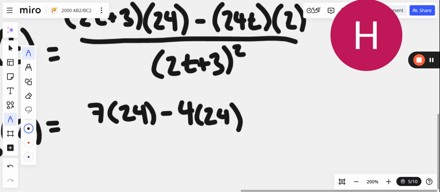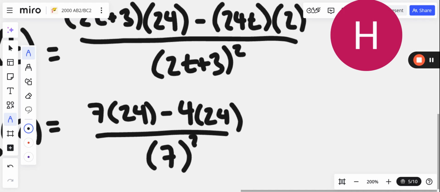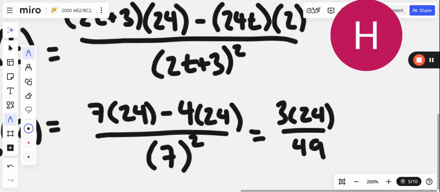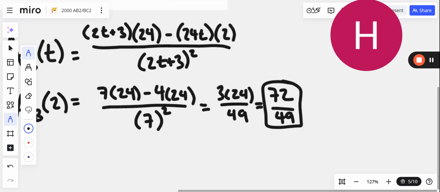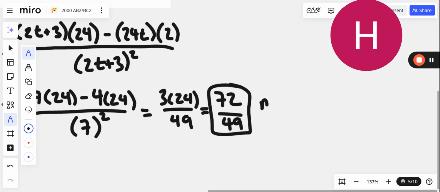So I'm going to make my life easier by thinking of it like that. And then this is over (2 times 2 plus 3) is 7 squared. So this is going to be 3 times 24 over 49. I can call that 72 over 49. Oh, and I forgot to indicate units. This is going to be in meters per second squared.